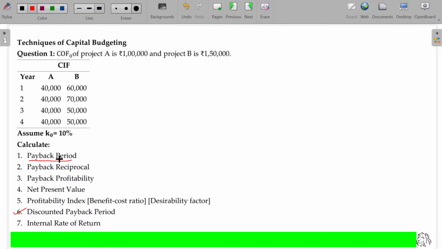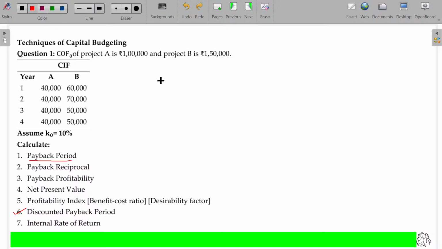So you have to adjust the time value of money. That drawback is now resolved here. We have to discount the future cash inflows using the cost of capital. That discounted value should be sufficient to recover your initial investment, over a period of 4 or 5 years. Okay, within how many years I will get it back.